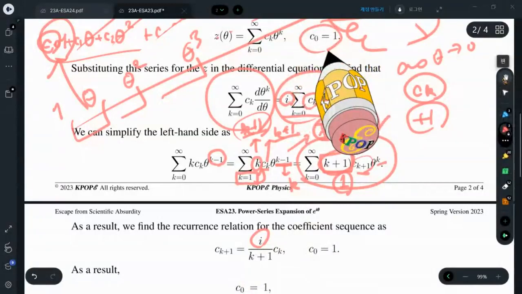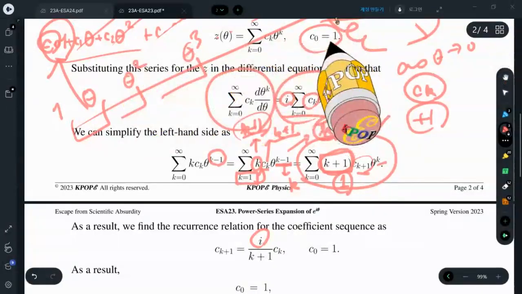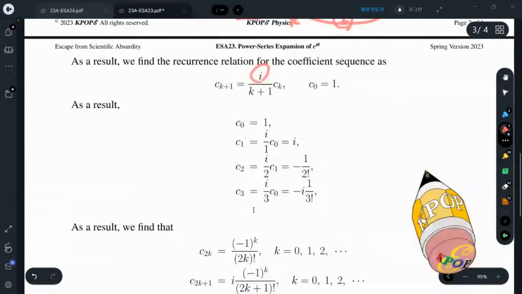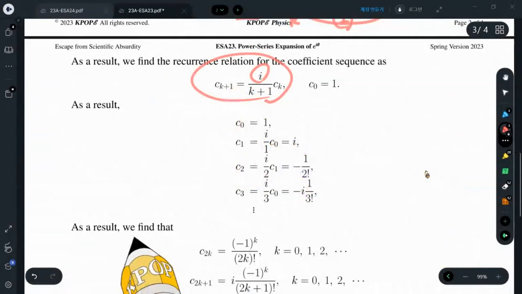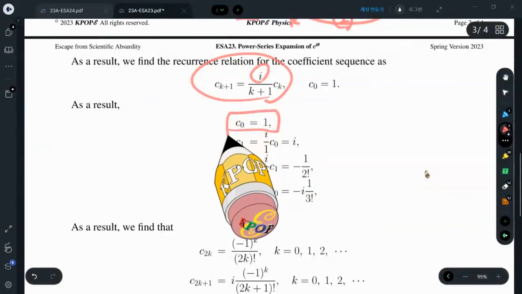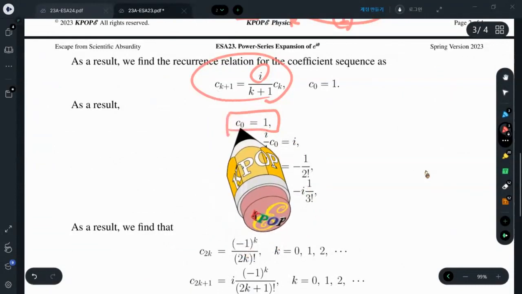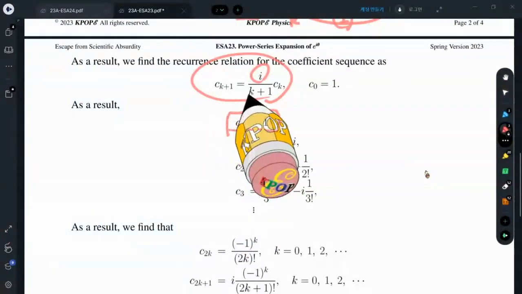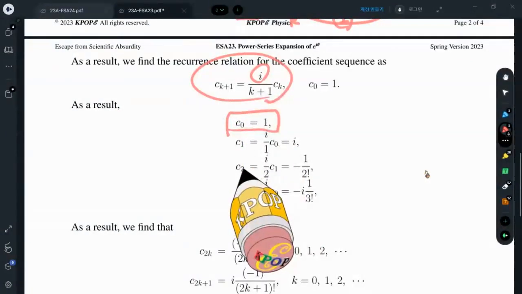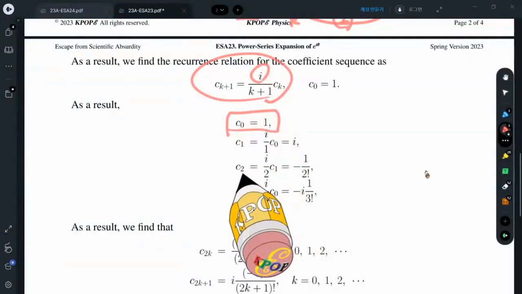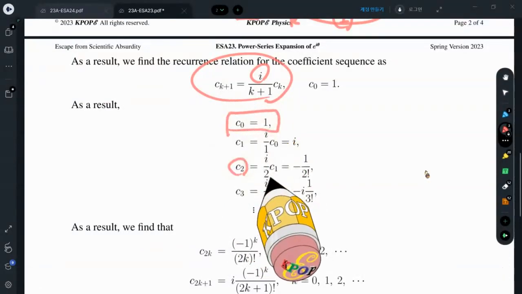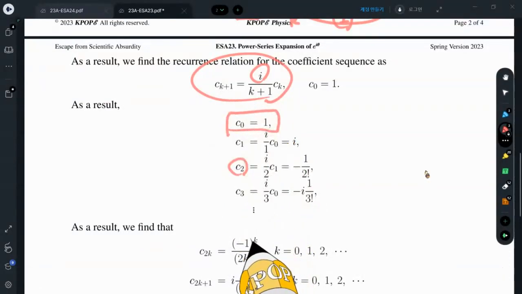c0 was already determined by making use of the initial value. We keep using this recursive relation to find that this is the initial value. Substitute a 0 in here, then you will find 1 in the denominator and i. To get c2, I substitute k equals 1, so it becomes 2, and so on.